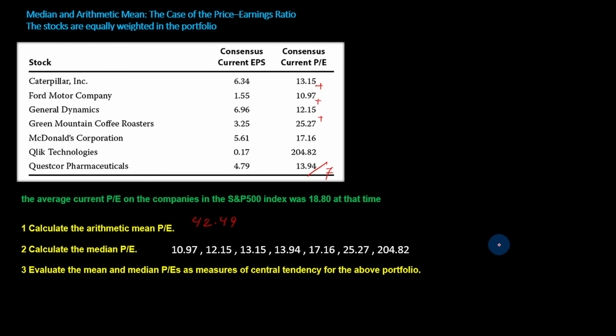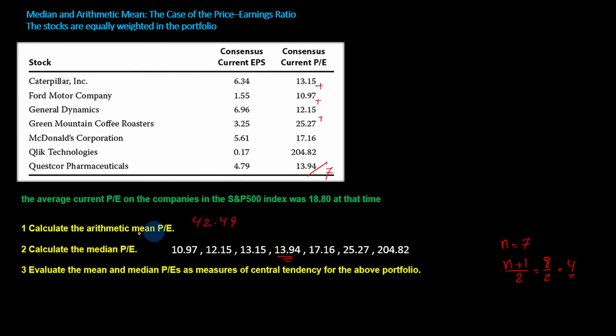So that makes it a lot easier to calculate the median. So our n is 7, right? To calculate the median, n plus 1 divided by 2, that'll be 8 divided by 2, 4. So we're looking for the fourth observation. Yeah, this is our median. Okay, great. So let's evaluate.